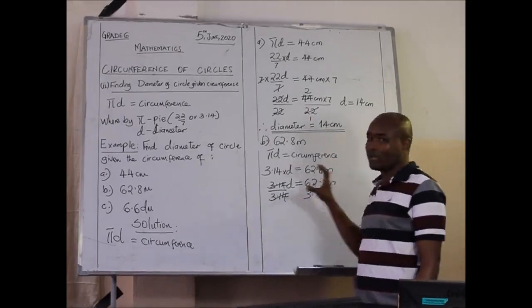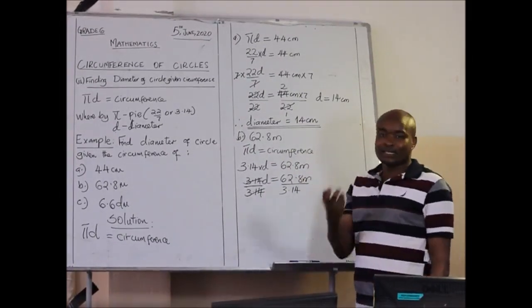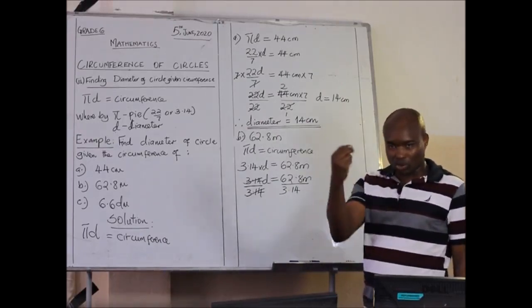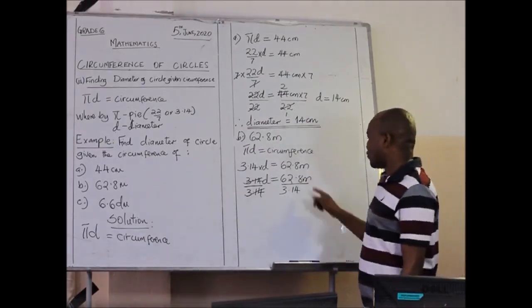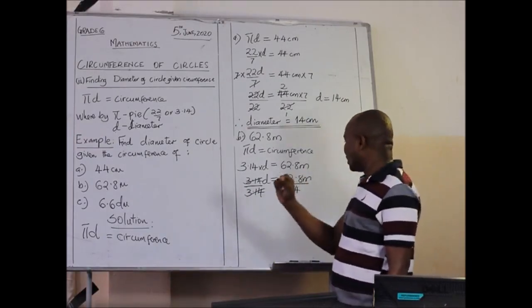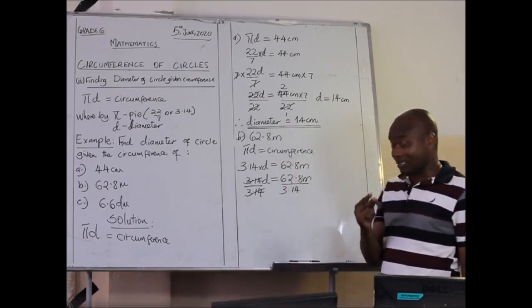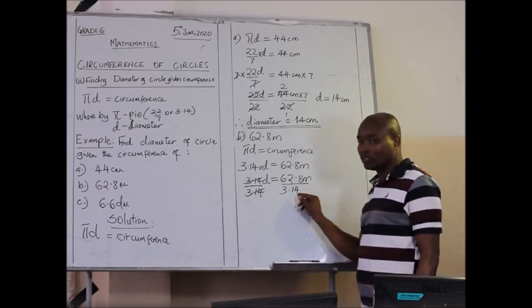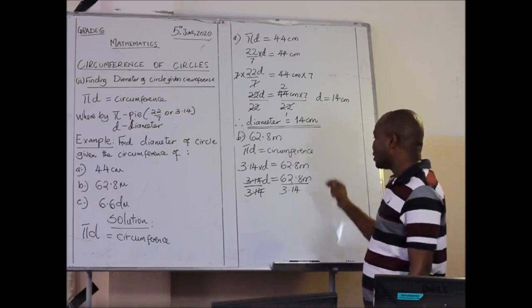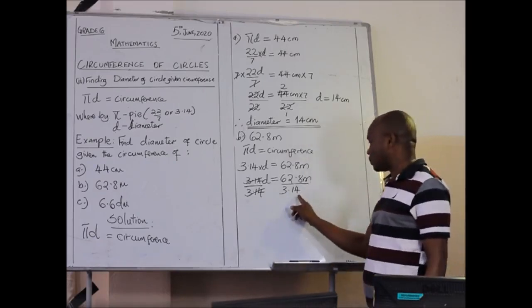So in this case, we consider the number of decimal places. The number with the greater decimal places is the one to use. The numerator has only one decimal place, while the denominator has two decimal places. Therefore, we take the 3.14 to use. It has two decimal places.